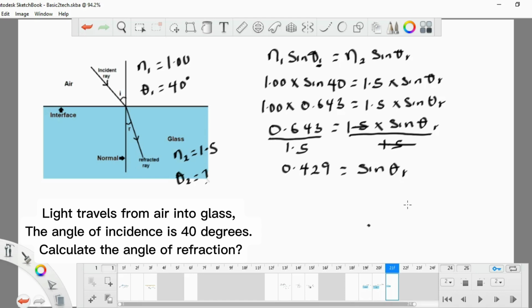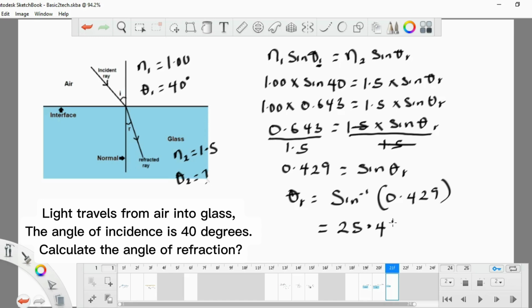So to find the angle of refraction, we have to find the sine inverse of my left hand value. So therefore, our angle of refraction is equal to the sine inverse of 0.429. So put that in your calculator, you should get approximately 25.4 degrees.